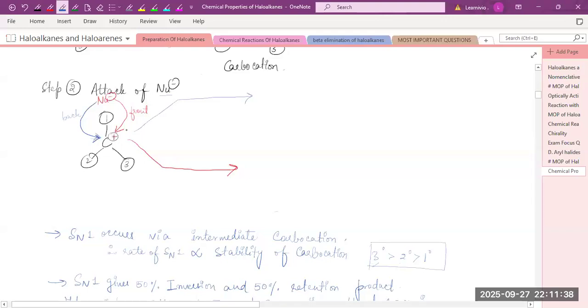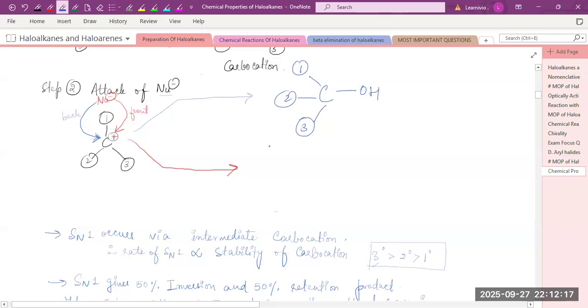Now see, if this nucleophile attacks from the front side, this red color is the front side, what will be formed? Let's see. When it attacks from the front side, so this is your carbon. The nucleophile attacks from the front side, so you will get this OH over here, and this is your 1, 2, and 3.